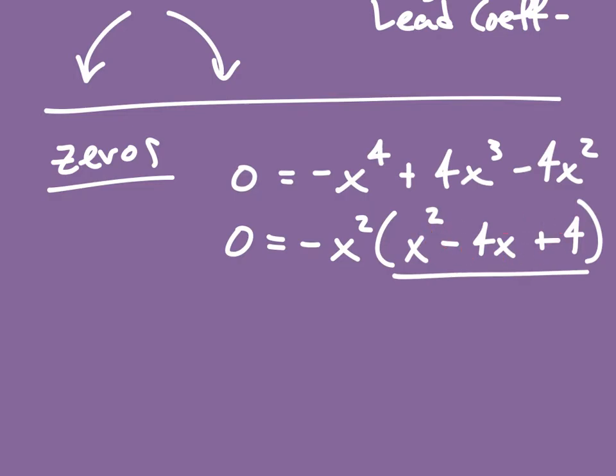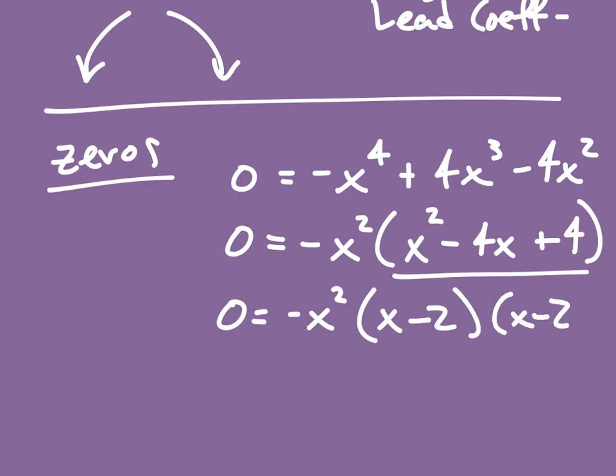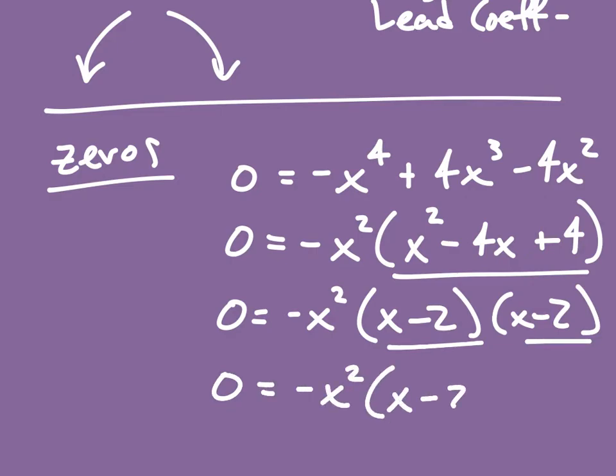So I've got 0 equal to negative x squared times x minus 2 times x minus 2. Because this occurs twice, I'm going to write this as negative x squared times x minus 2 quantity squared. So I factored this thing completely.